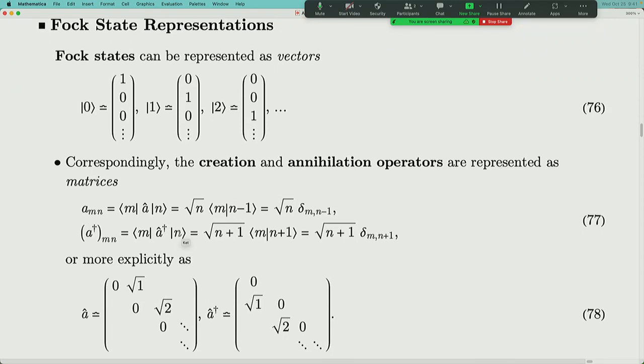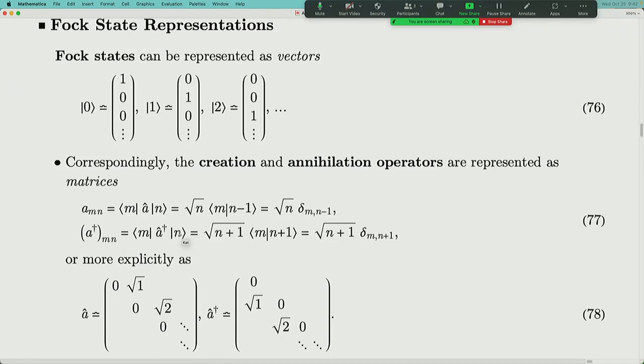But now we can compute the matrix element for the annihilation and creation operator. For example, if we want to compute the matrix element of the annihilation operator in the mth row and nth column, that corresponds to applying the annihilation operator on the boson number state n, and then projecting onto another eigenstate labeled by m.